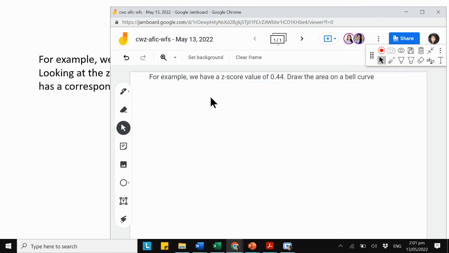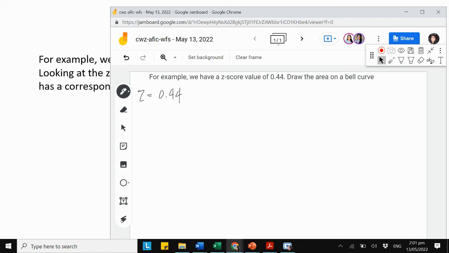Okay. So usually guys, when you look it up on the z table, given here that the z score is 0.44. So z is equal to 0.44. And it's usually going to show the area that is on the left side of the score. Okay. So let's pull up a bell curve diagram.